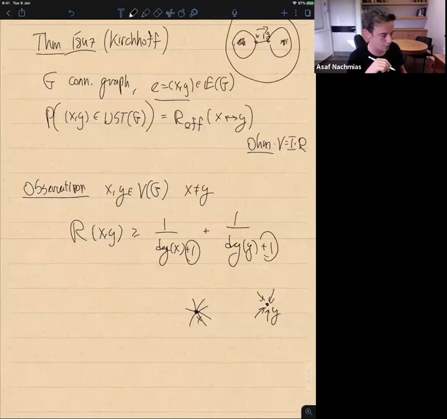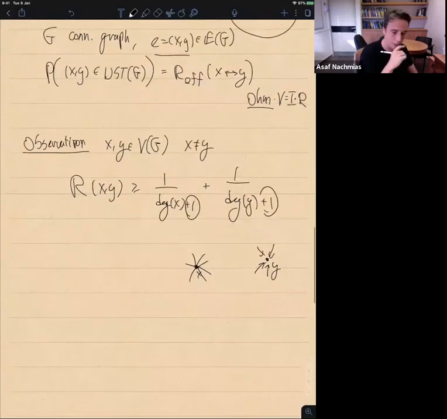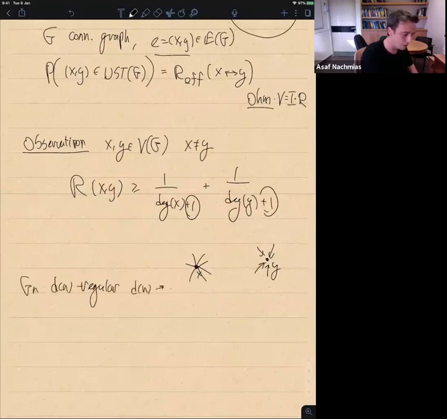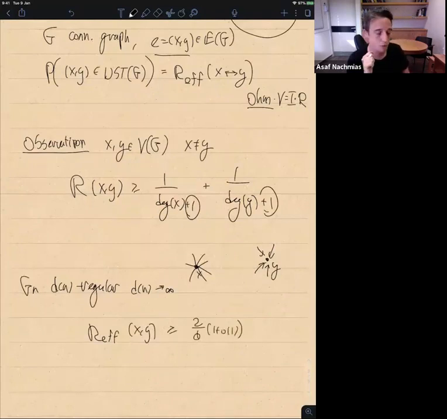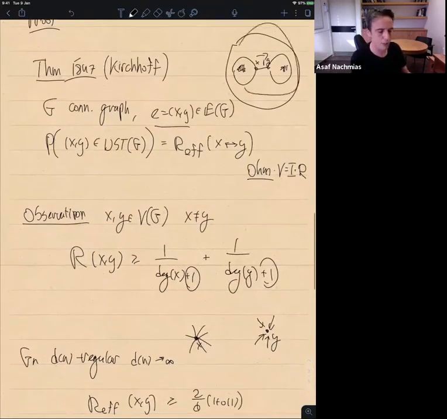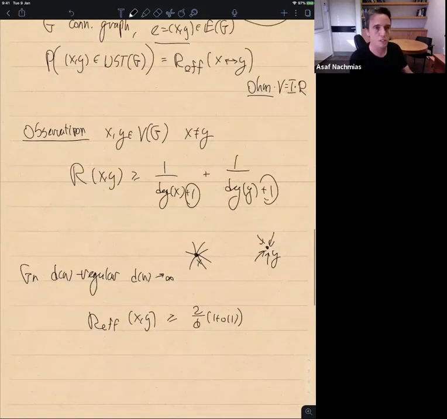So when you're in a setting where G_n are d_n regular and d_n goes to infinity, this means that the resistance between any two vertices is always at least 2 over d, asymptotically, up to the constant. But of course this is not sharp, because we saw an example here where you have an edge that has resistance 1, and 2 over d, of course, is a very small number.